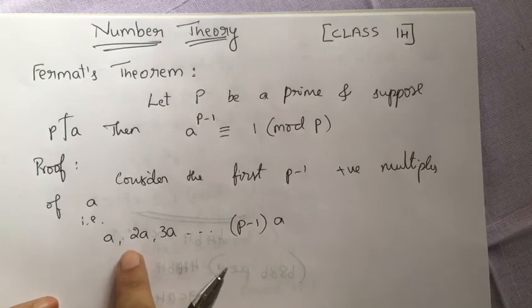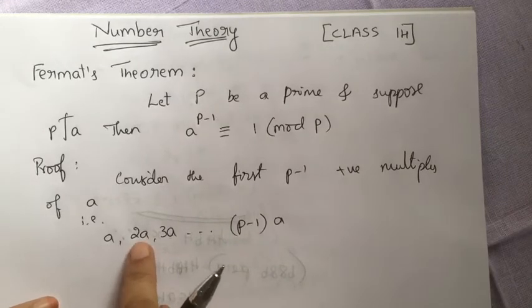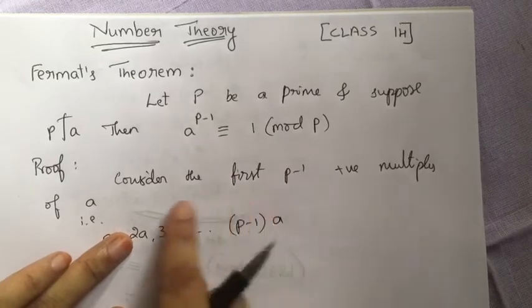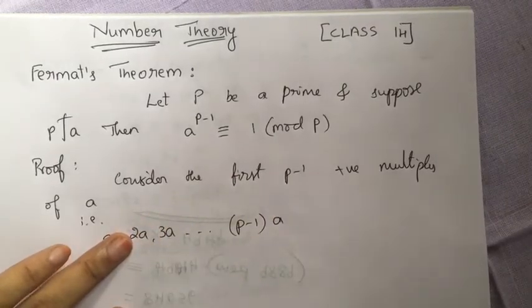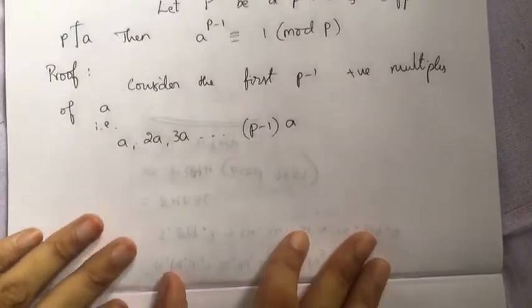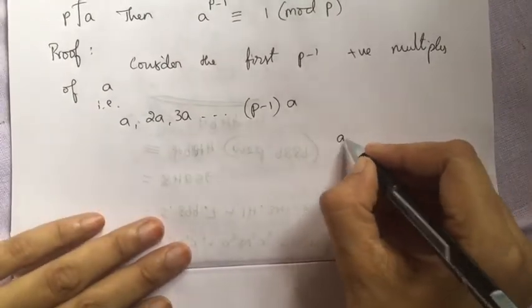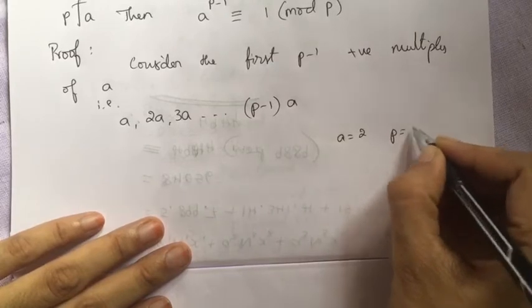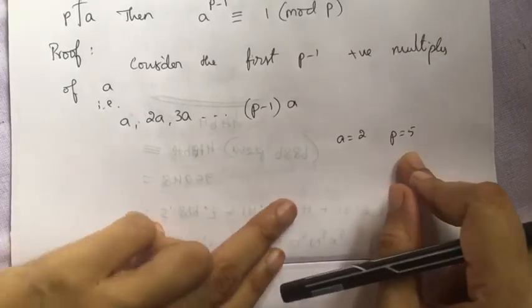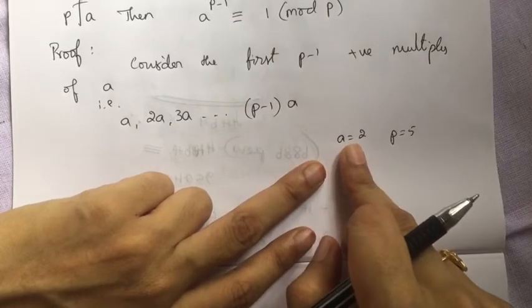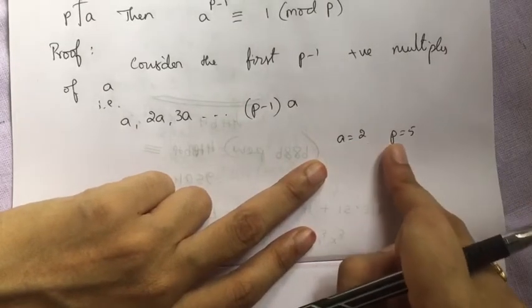You can check it out. Suppose I give the value of a as 2 and p as 5. Then I take positive multiples of a up to p minus 1, up to 4.